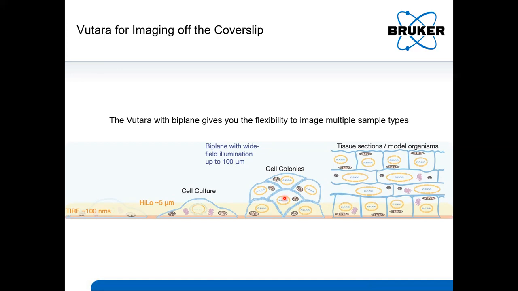Other systems that rely on TIRF and high-low illumination are limited to about 5 microns of imaging depth with a difficult three-dimensional calibration. And this gives the Vutara a huge advantage, allowing imaging of the entire thickness of a cell, cell colonies, and tissue sections and model organisms.